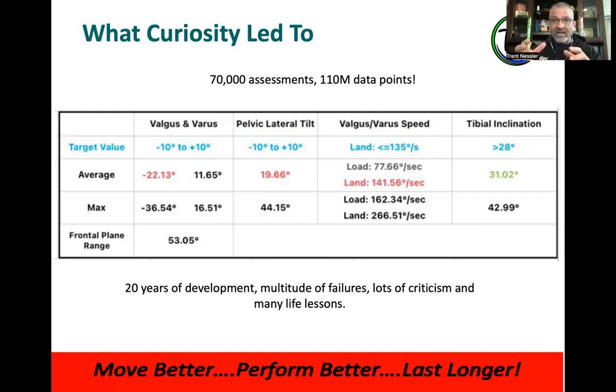What I have learned has had a huge impact on the way that we look at ACL reconstructions. This system is now being used by some of the biggest names in sports medicine for making return to play decisions. As a matter of fact, we launched a large study with Timothy Hewett with Marshall University, looking at over 4,000 athletes.